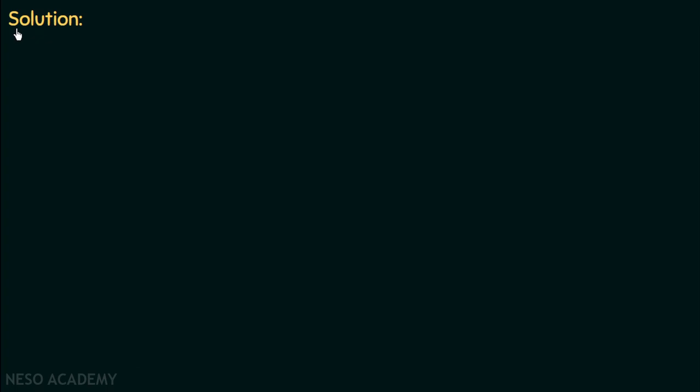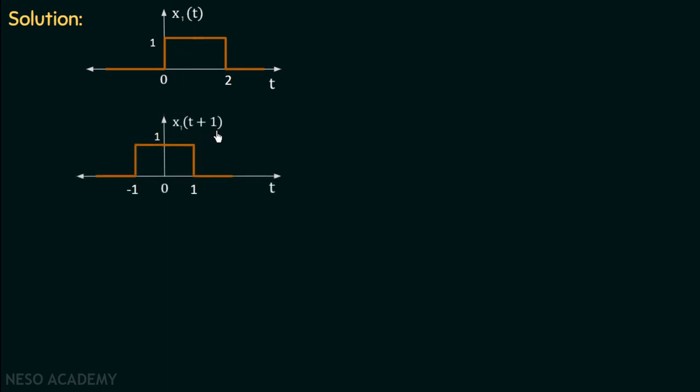Now moving on to the solution, we are given x1(t), which is having a rectangular waveform from 0 to 2. That is, the value of this function from minus infinity to 0 is equal to 0, the value from 0 to 2 is equal to 1, and the value from 2 to infinity is 0. Now if I time shift this function on the left hand side by a factor of 1, then we will get x1(t+1), and its waveform will be a rectangular function from minus 1 to 1.